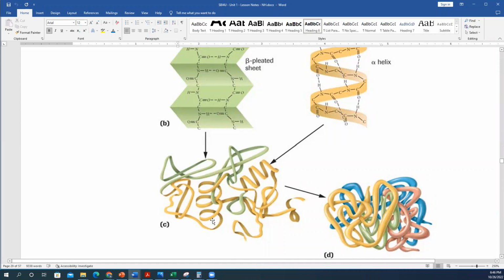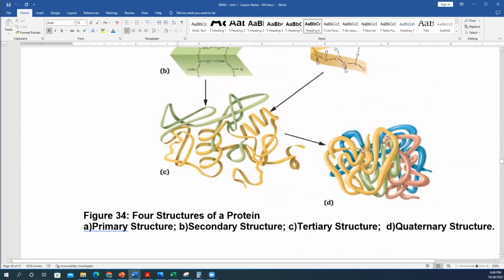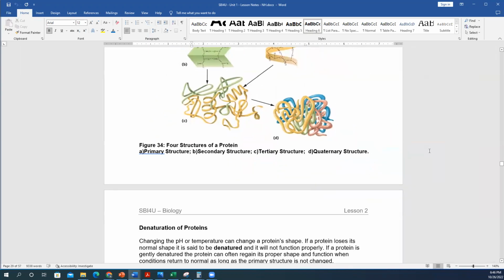So here you have one polypeptide with alpha helices shown in yellow, beta pleated sheets shown in green, that needs to come together with a second one, that may be the blue and the pink, to form the quaternary structure. So the quaternary structure is where you have a protein that has more than one polypeptide coming together to form that three-dimensional overall shape.